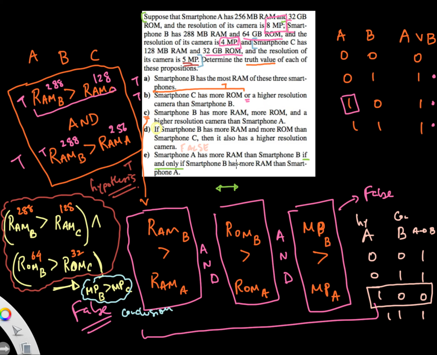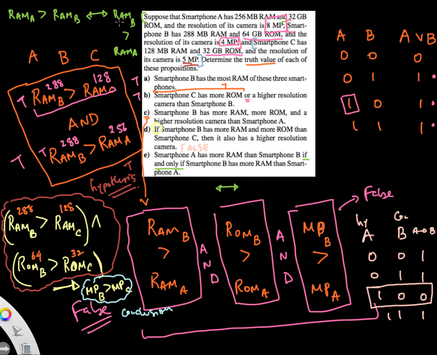So what it means is the RAM for smartphone A is more than the RAM for smartphone B if and only if smartphone B has more RAM than smartphone A. Given this statement, the entire validity of part E is actually false.